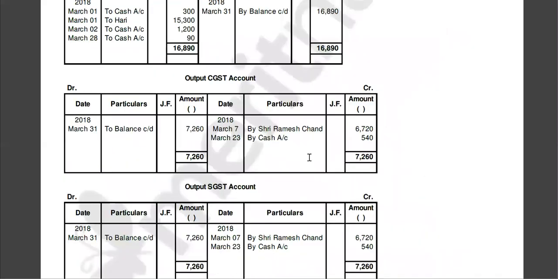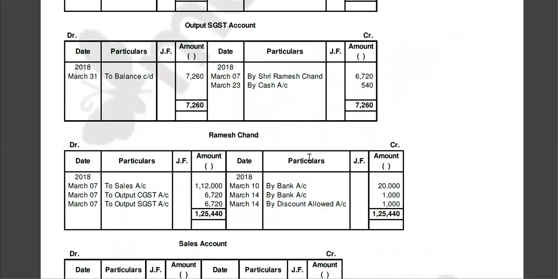See the Ramesh account. One is sale account. March 10 by bank. I told you there are 2 Ramesh accounts, March 10 and March 14. So 20,000, 10,000 rupees.